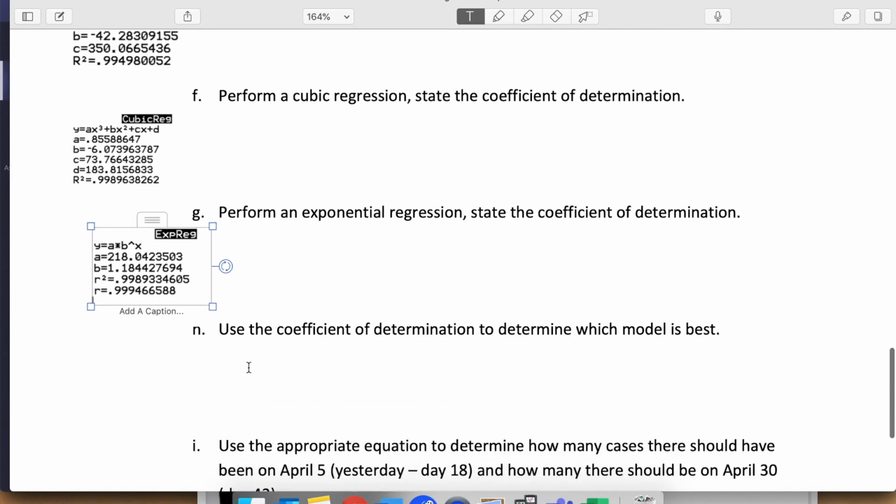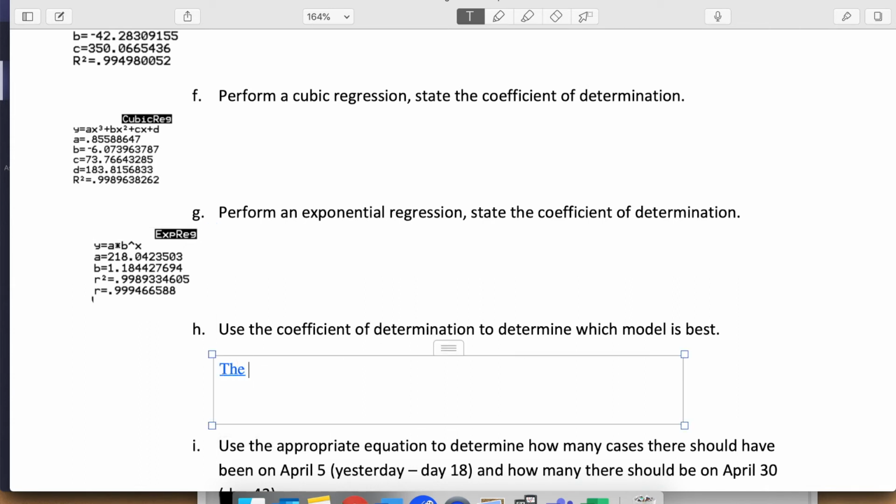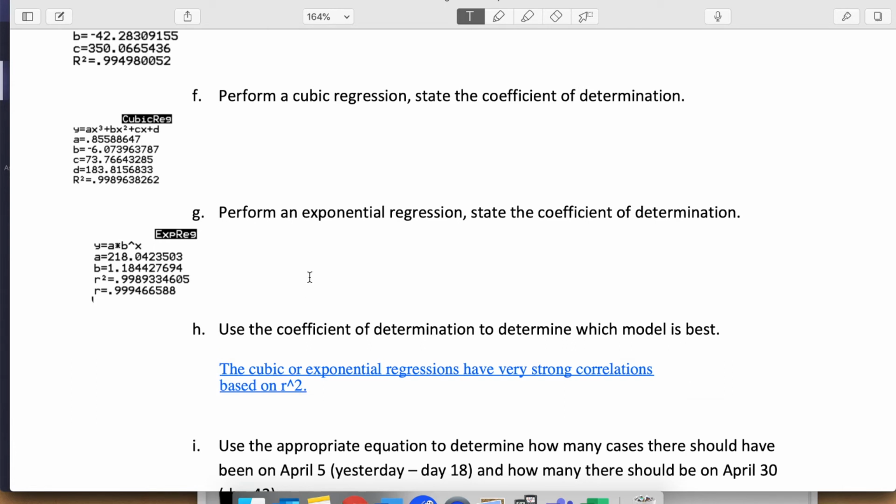It says use the coefficient of determination to determine which model is best. Really, the cubic or exponential regressions have very strong correlations based on r squared. So let's go with the exponential in this case.